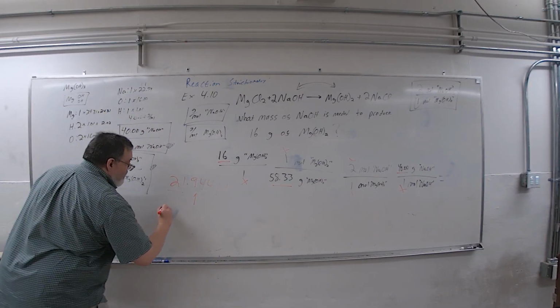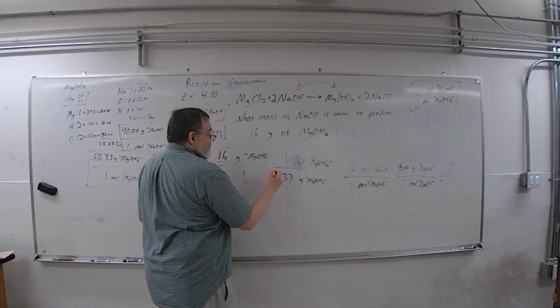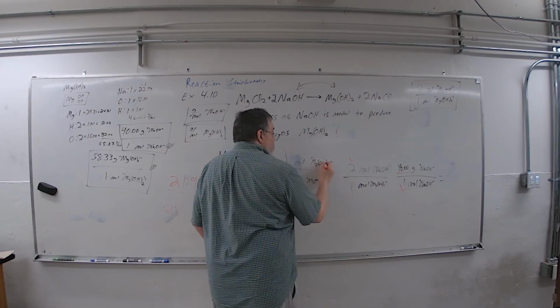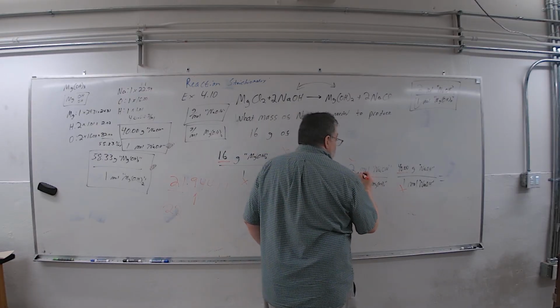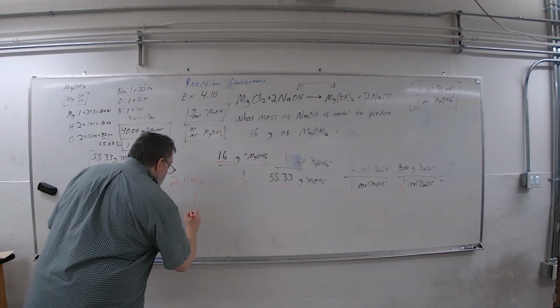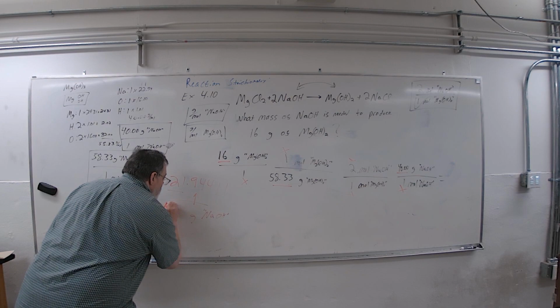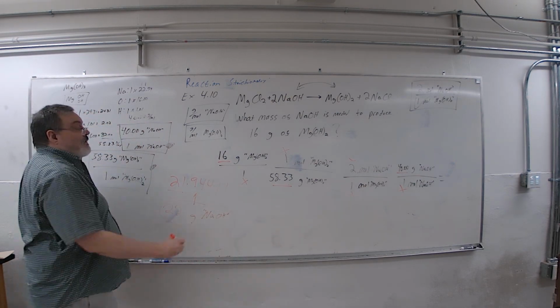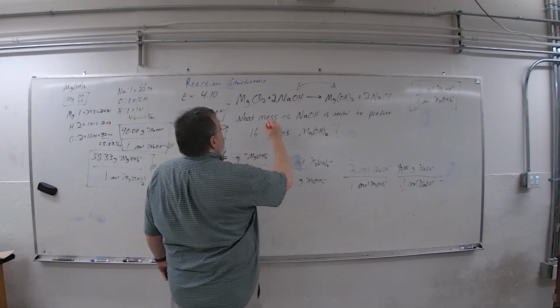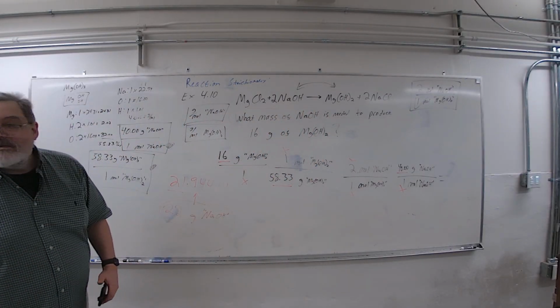The 9 rounds to 1. 22 what? Grams of NaOH, since the moles of NaOH cancel. Grams NaOH. That's the answer. What mass of NaOH? Grams of NaOH.